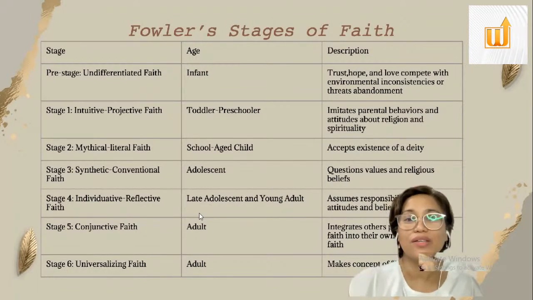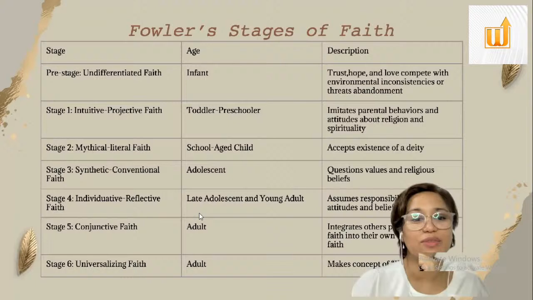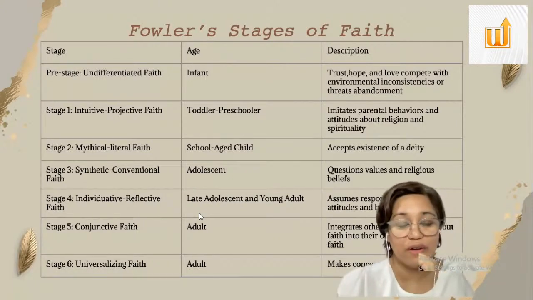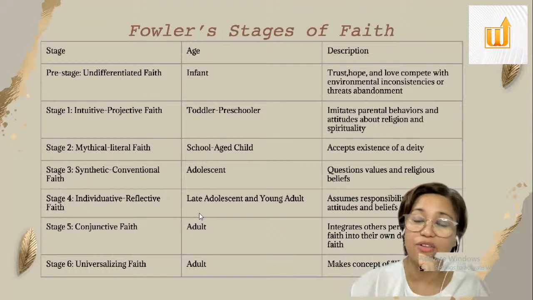They question their own values and religious beliefs, and so this stage needs a lot of attention and a lot of guidance and mentoring. Then we have stage four, individual reflective faith during late adolescence and young adulthood, where the person already assumes responsibility for their own spiritual attitudes, faith, and beliefs.